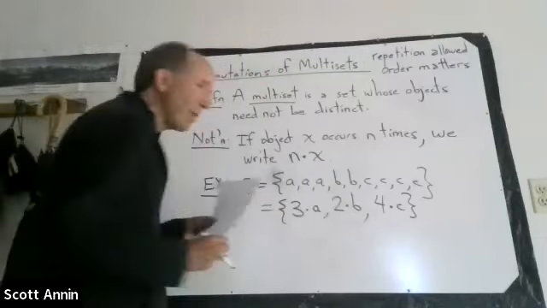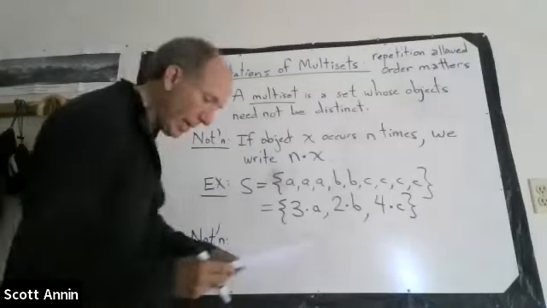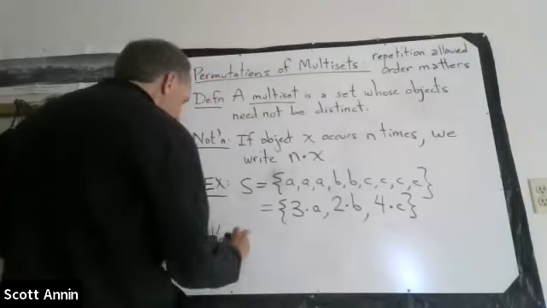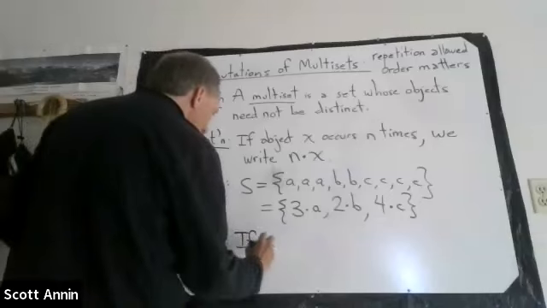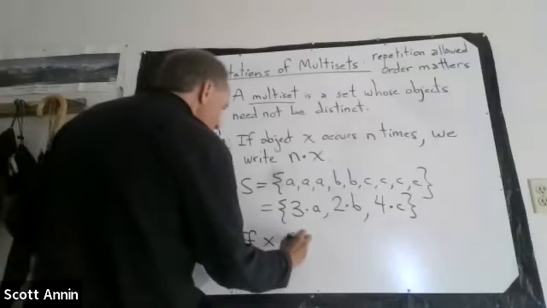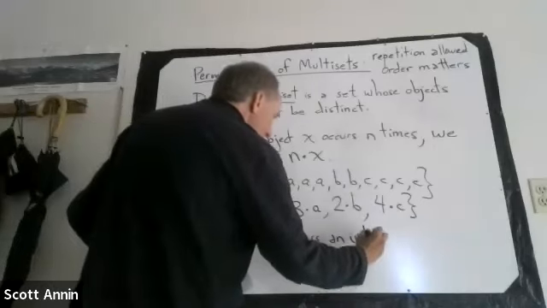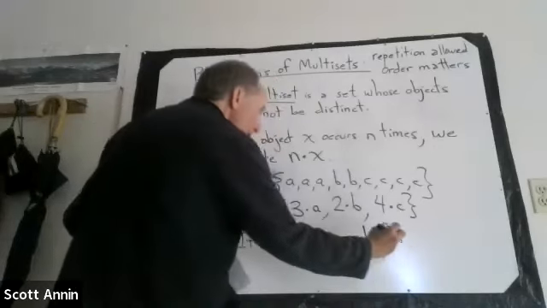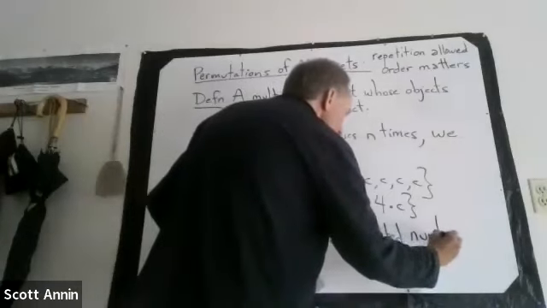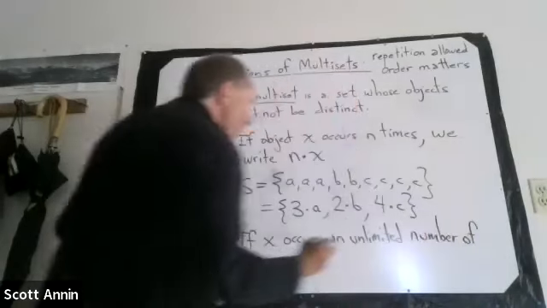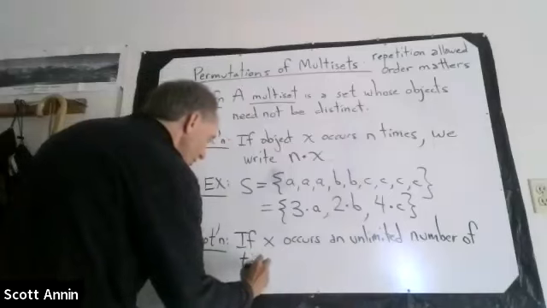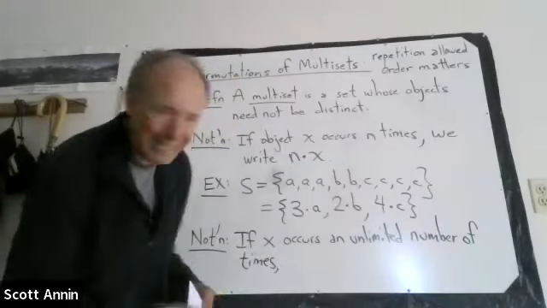You might have the same object an unlimited number of times. So if x occurs an unlimited number of times, you won't be surprised how we're going to write that.